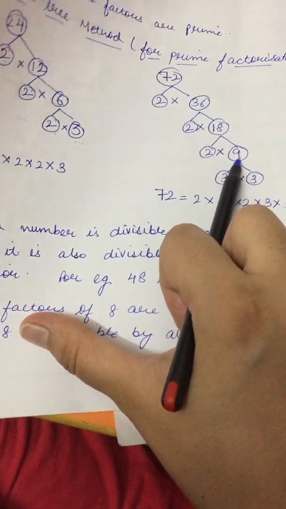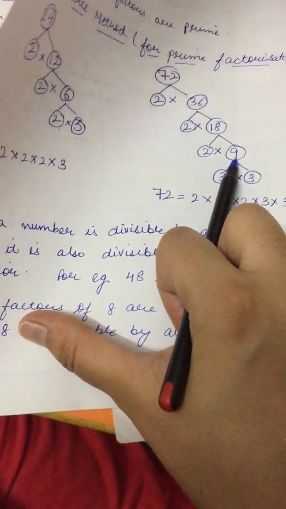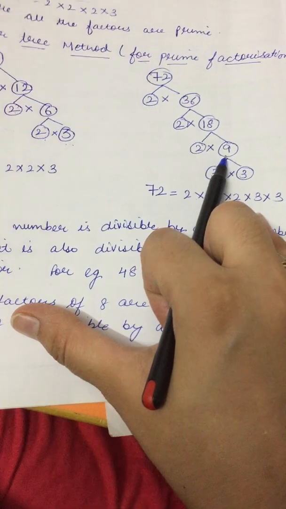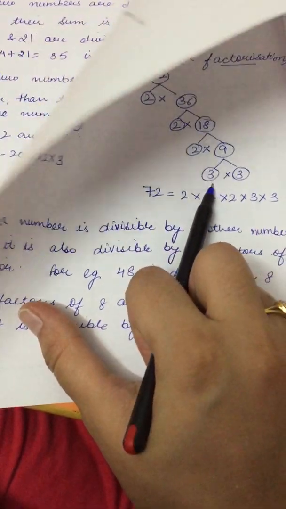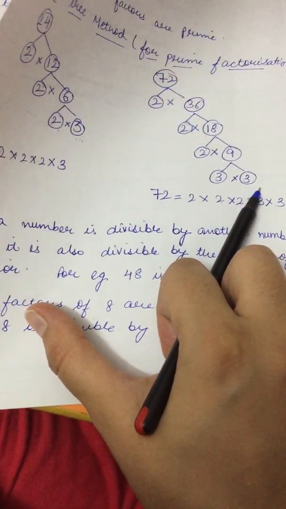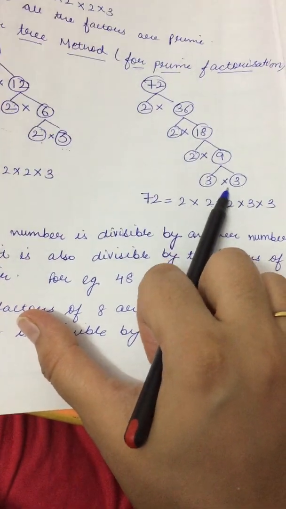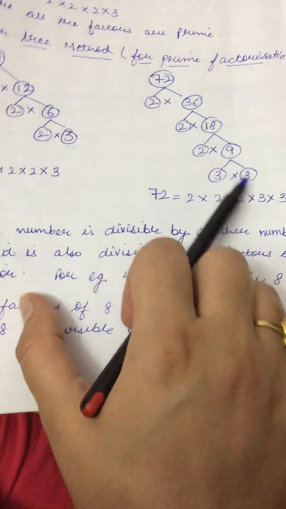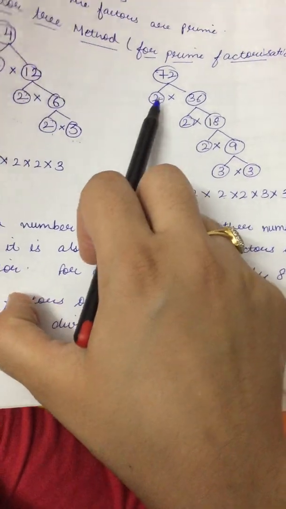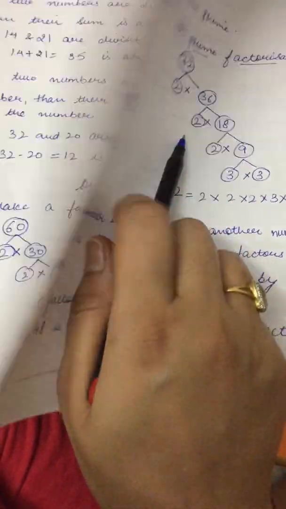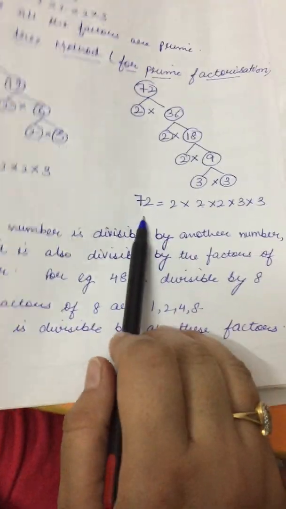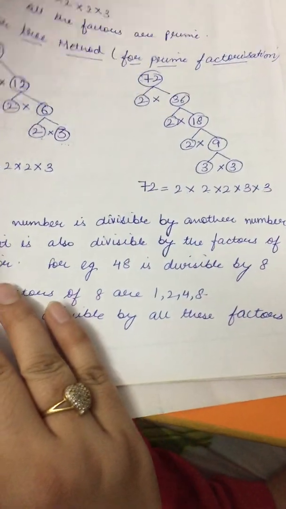It means we cannot write it as the product of 2 into some number. So we will go to the next prime number, that is 3. So 9 can be written as 3 into 3. Now this 3 cannot be further split. So it means we will stop here. So 72 can be written as 2 into 2 into 2 into 3 into 3. So this way we will write 72.